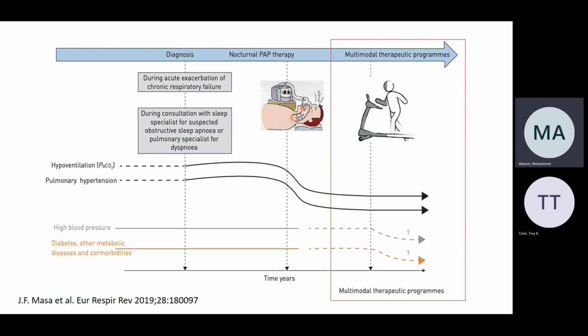PAP therapy may help with the symptoms related to respiratory failure, makes your gas exchange better and improves your RV hemodynamics, but it doesn't fix the other comorbid conditions and the metabolic problems. This is why it's PAP plus weight loss. These patients might need to be referred for bariatric surgery. They need intensive dietary changes and so on. So always offer it as a bundle, not just PAP therapy while forgetting about the weight and the lifestyle modification that you need to do.